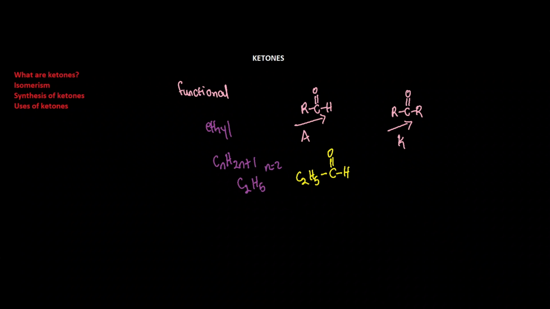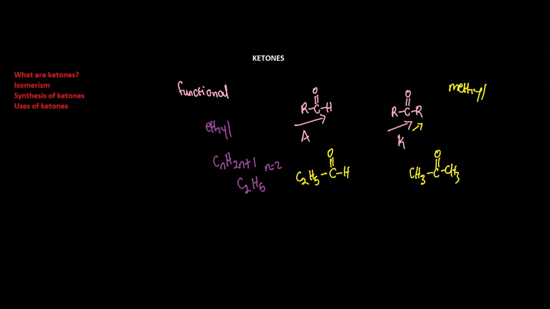Okay. And then here we'd assume that both alkyl groups in this ketone are methyl. Okay, so assuming both alkyl groups are methyl, then we'd have methyl on one side and then the carbonyl group and methyl on the other side.